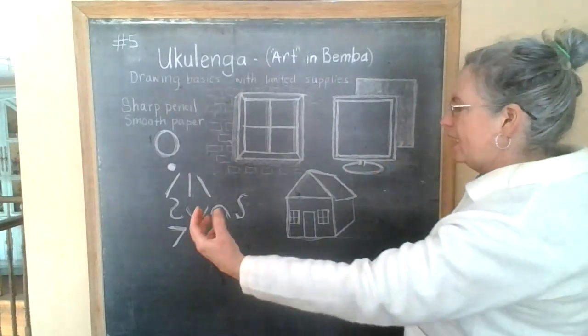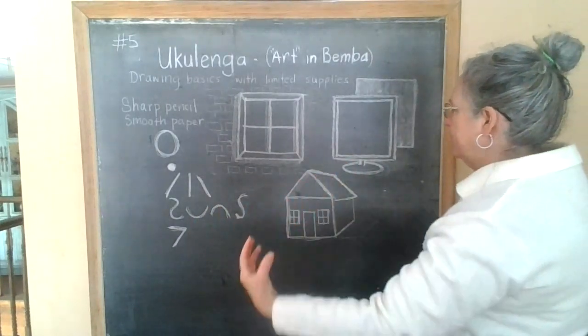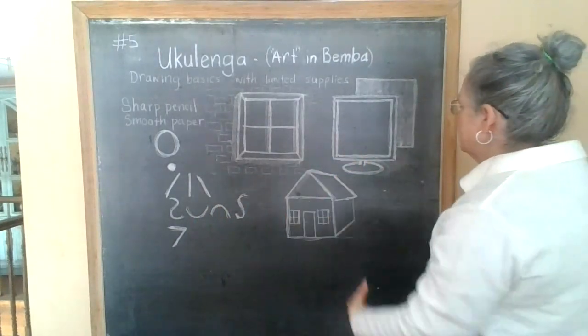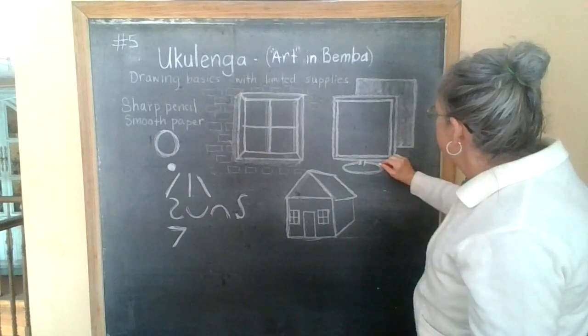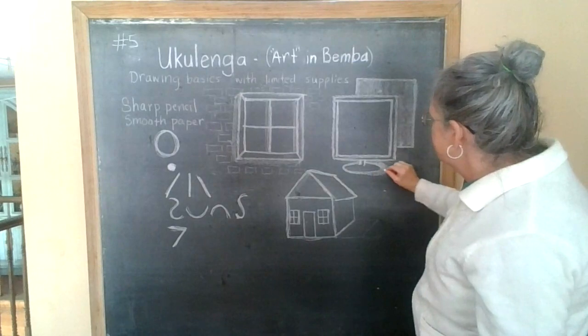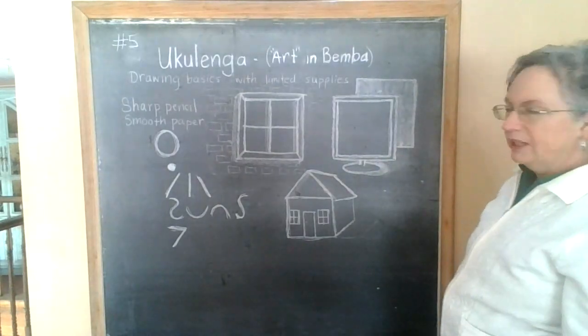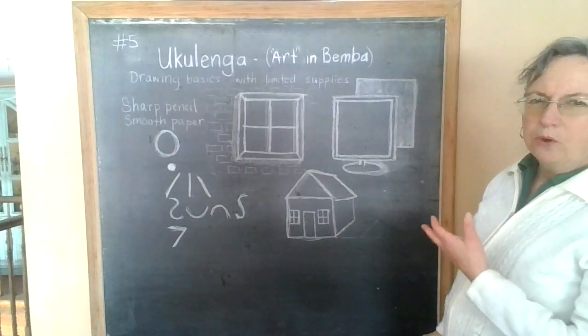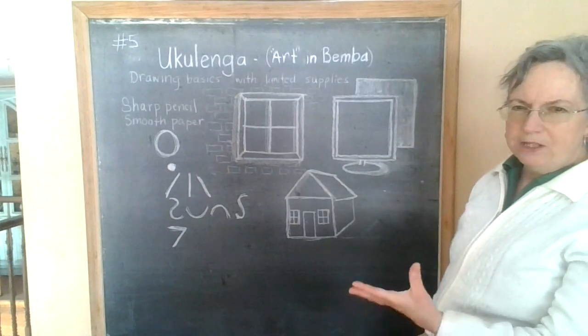Also, if you're going to have the light source from here, it's going to reflect on the screen, and there's going to be a small shadow on this side of your base to your computer screen. That creates your 3-dimensional look.